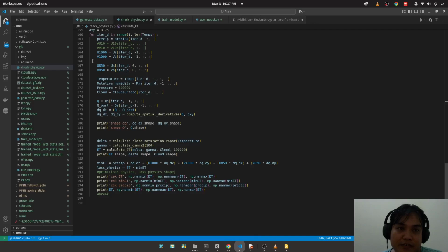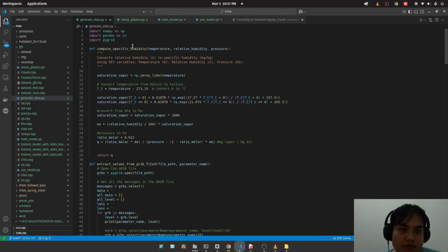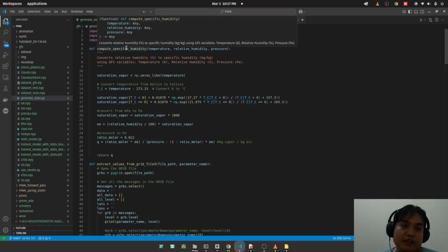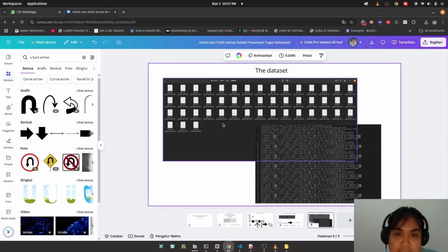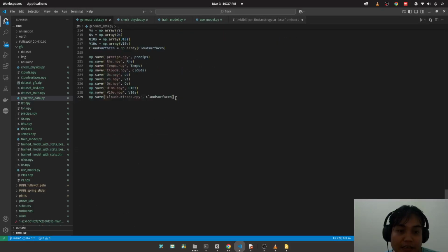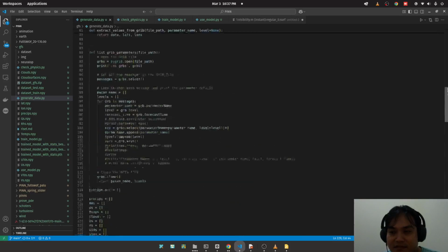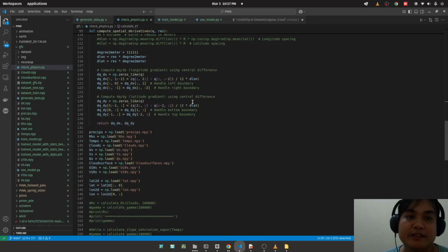So let's see the code. Here, this is the generate data script. As you can see here, this is PyGrib. This is a GRIB2 dataset, so we need to convert it first to a NumPy dataset like this here. And then this is the check physics that I've already told you about.